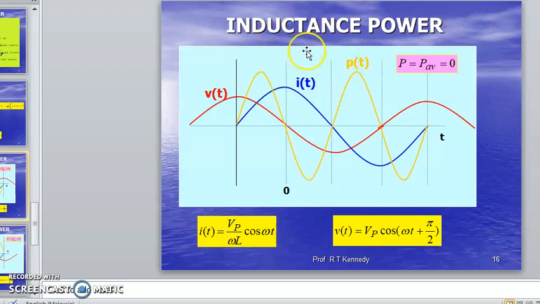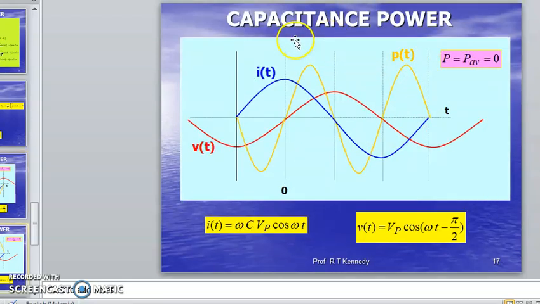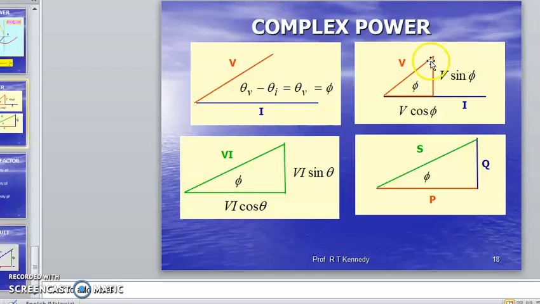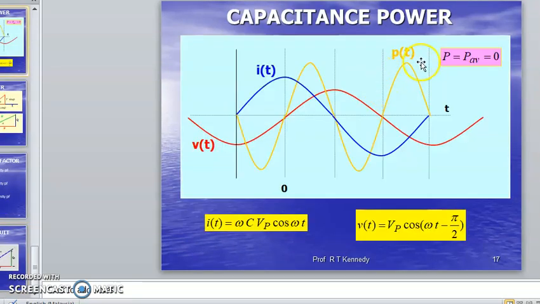But in terms of inductance and capacitance, you can see that this part is positive while this part is negative, so both will cancel, and you shall have your average power of 0. The same goes for the capacitance: positive and negative are equal, so the average will be 0. That's why when you run your lab, you shall have the values of P average of 0.